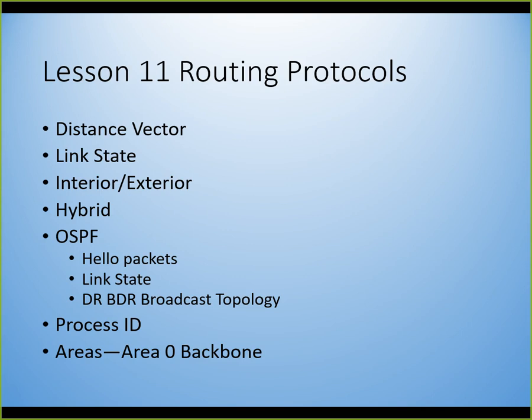To connect between areas, we had to have a NIC on the routers in each of the areas. And then the out-of-area routes showed up as inter-area in the show IP route command.